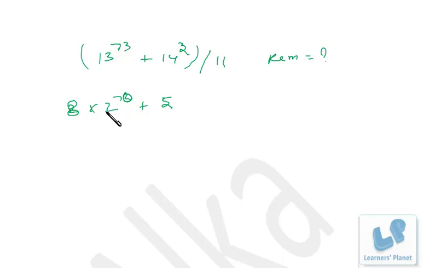Now 2 raised to 70 is actually 32 raised to 14. Okay, now 32 raised to 14, that itself is 33 minus 1 raised to 14. So if divided by 11, the remainder will be minus 1 raised to 14, that means 1. So that 1 into this 8 plus 5, 13, right? And if 13 is divided by 11, remainder is 2. Okay, I hope you are clear.